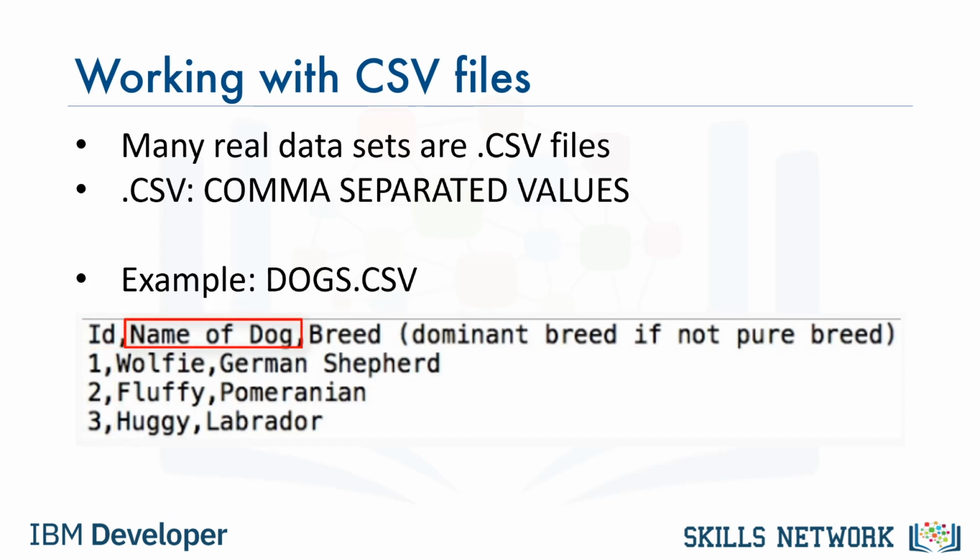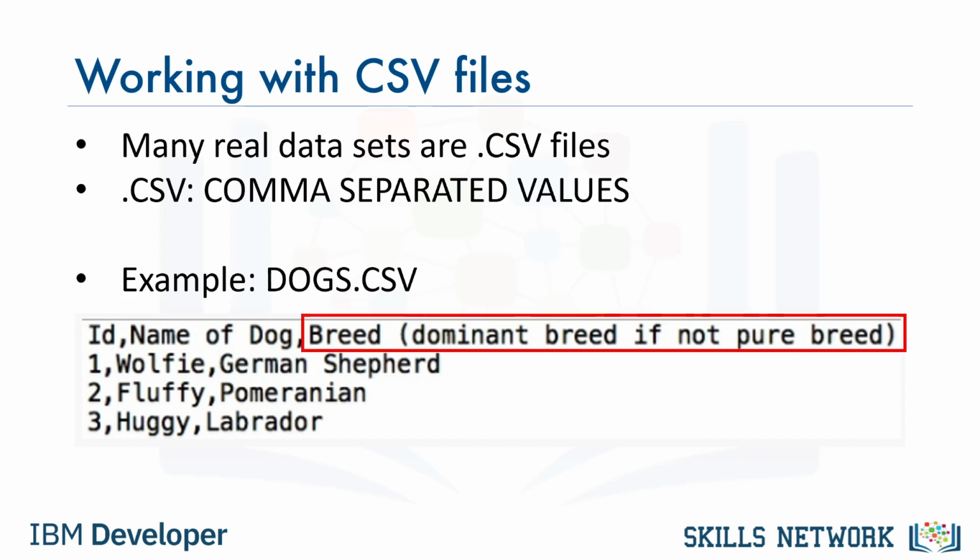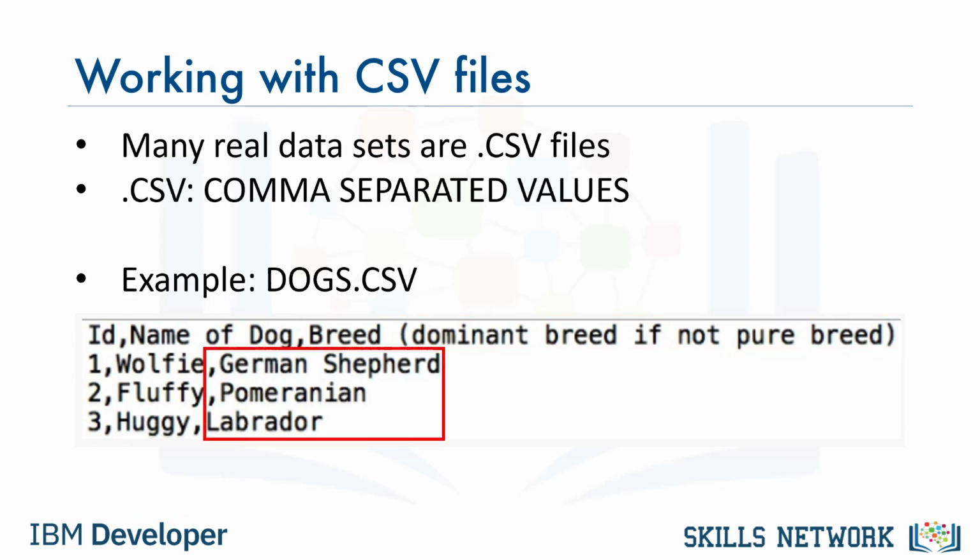The name of the dog is the second attribute. In this case, the dog names, Wolfie, Fluffy, and Huggy, are the values. And the third attribute is called breed, either the dominant breed or pure breed name. It has values of German Shepherd, Pomeranian, and Labrador.